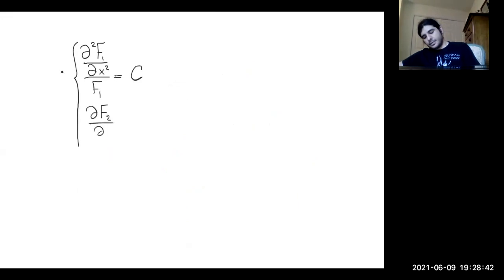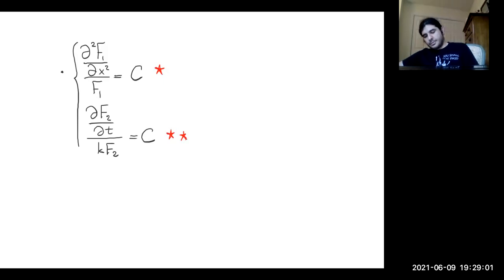So the equation we have is this one, which is positive. And the derivative of f2 with respect to t over k, f2 is also constant. Right. Let's mark one equation with a star, the other equation with a double star.